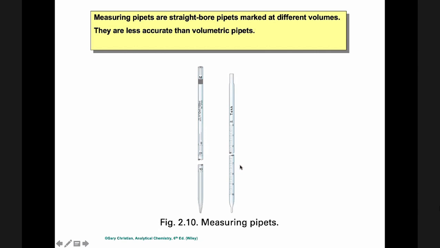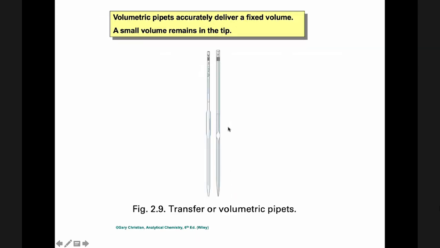Take note that measuring pipettes have gradations. You can see 0, 1, 2, until 10 ml. But in the volumetric pipette, only this one mark is 10 ml. It does not have markings for 9 ml or 2 ml. Exactly at the mark, it's 10 ml.